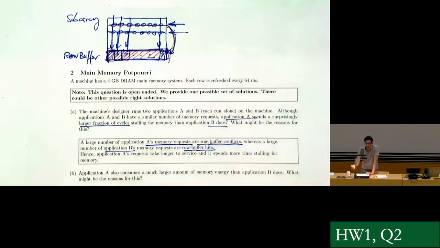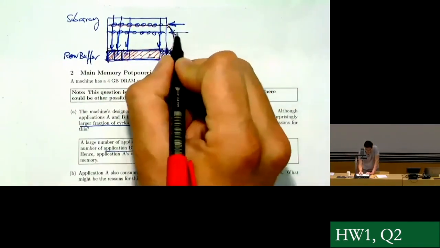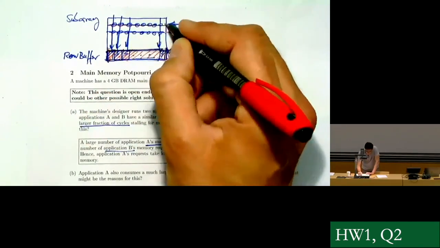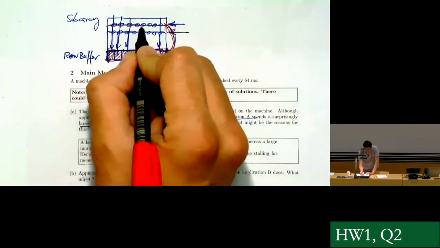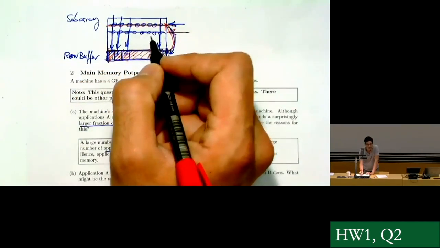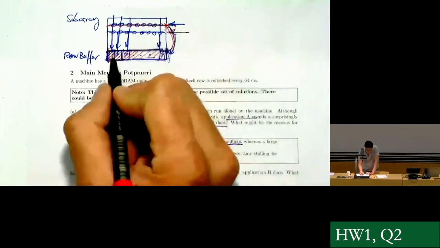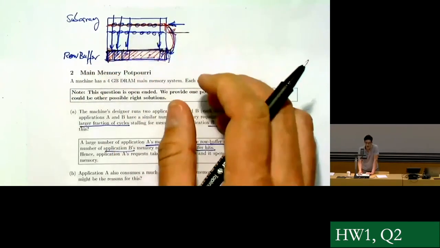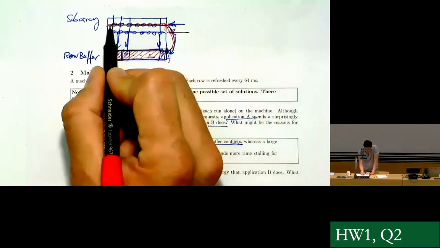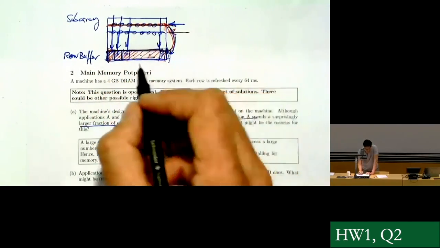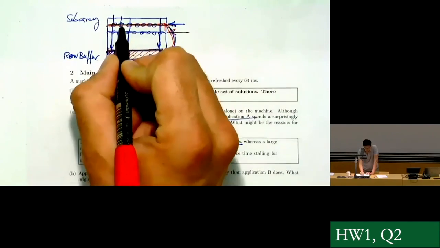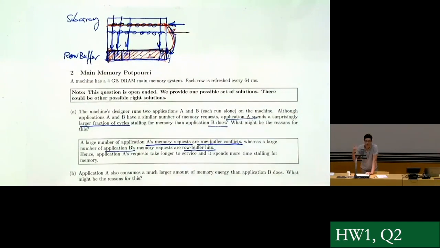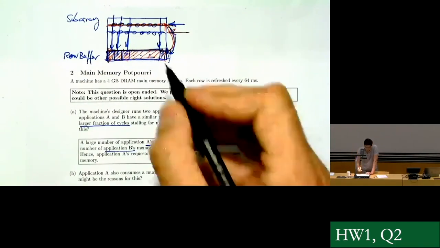When the application needs to access another row, this row will be moved back, pre-charged to the original row of DRAM cells. As soon as the row is replaced and is back in its original row, these cells are completely refreshed.